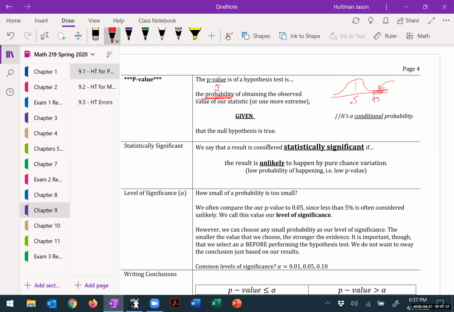It's a conditional probability: what is the probability of obtaining the observed value given that the null hypothesis is true? Given that 0.5 is our null or our mean value, what's the probability of getting 95% or above? That's my p-value, and I would just use a normal CDF.